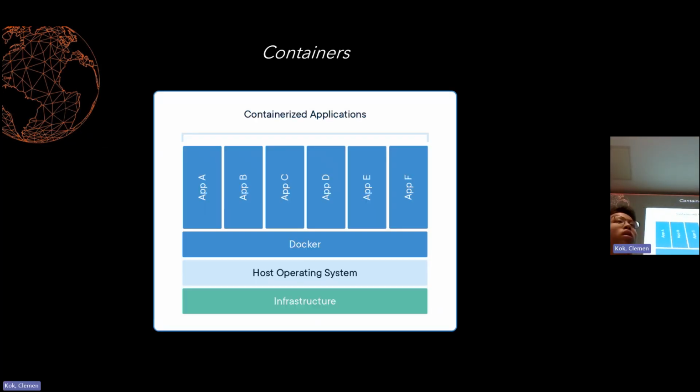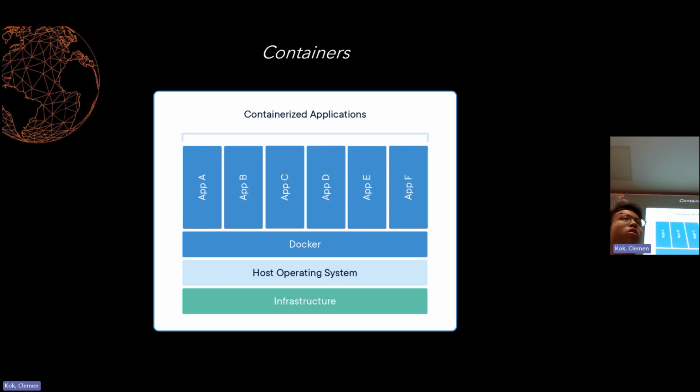The second concept to understand is what a container is. A container is an abstraction of a system's OS. I'm sure most of you will be familiar with what a virtual machine is. A virtual machine is kind of like a guest OS that is managed by a hypervisor on your system OS.